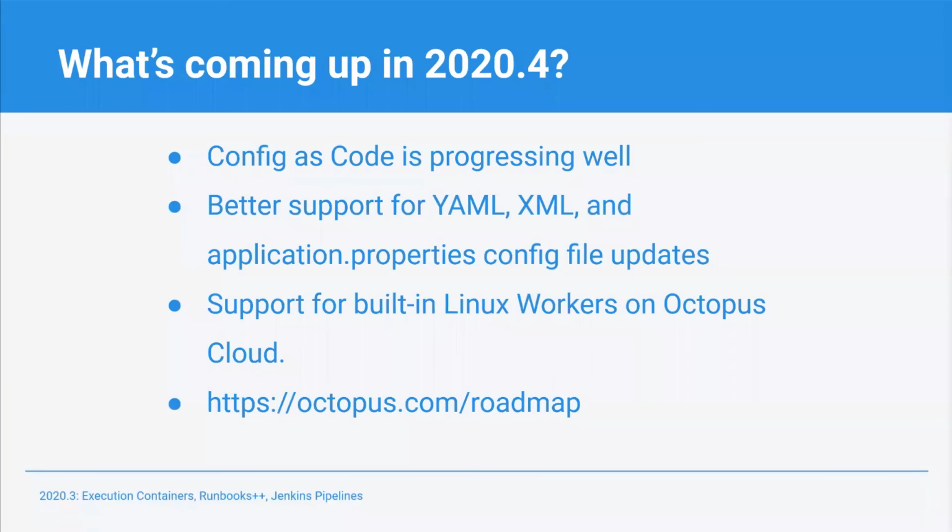Yeah, we thought we'd just touch on what's coming up in 2020.4, just to whet everybody's appetites. So you mentioned earlier config as code is coming along, Ryan. We're starting to get changes into the application to enable that project to progress, and that's moving along really nicely. I've seen the engineers demoing the ability to see your Git repository in Octopus and be able to switch between branches.